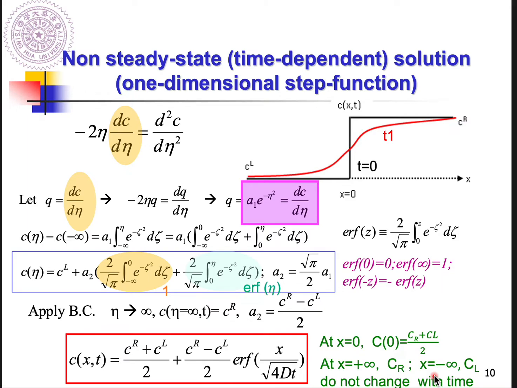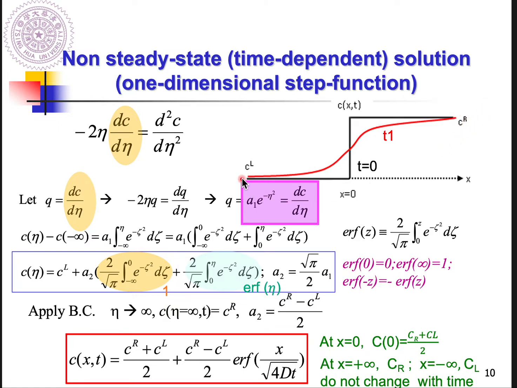And by the way, there's one more thing I need to remind you of. Because we use this boundary condition, at minus infinity the concentration equals CL, and at positive infinity the concentration equals CR.